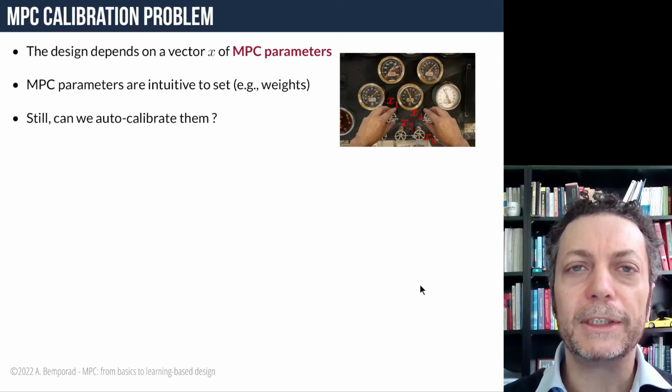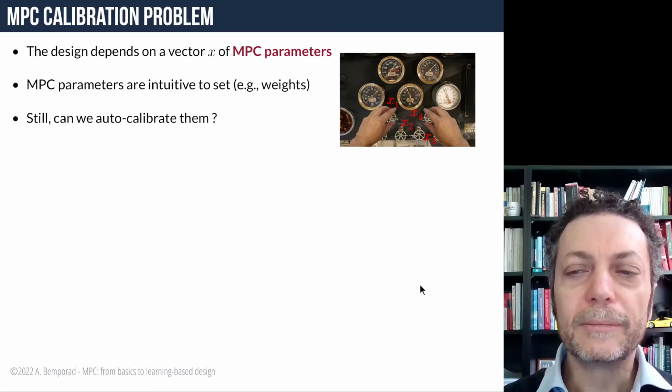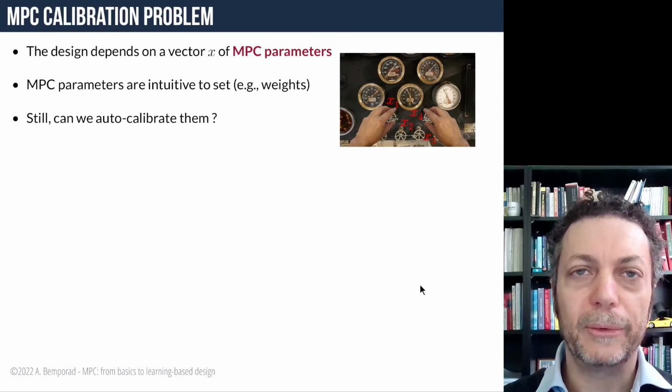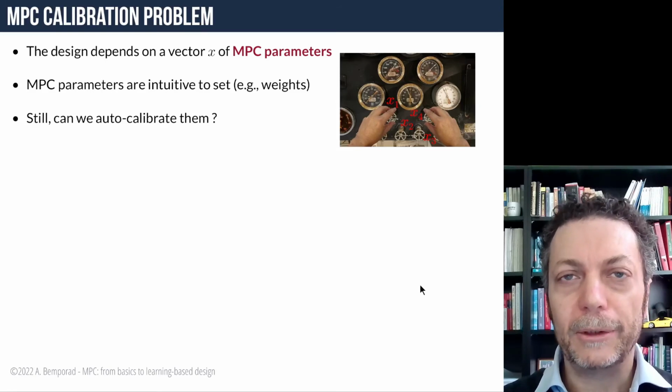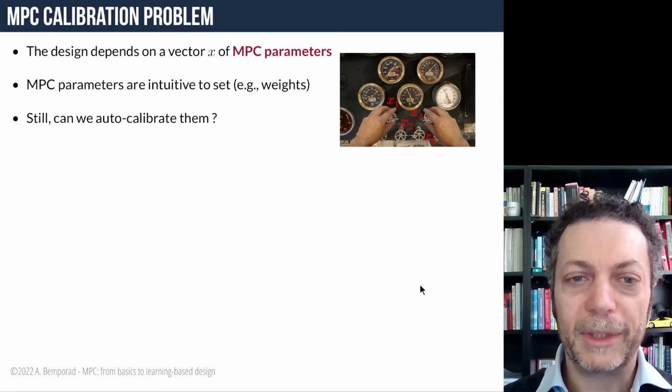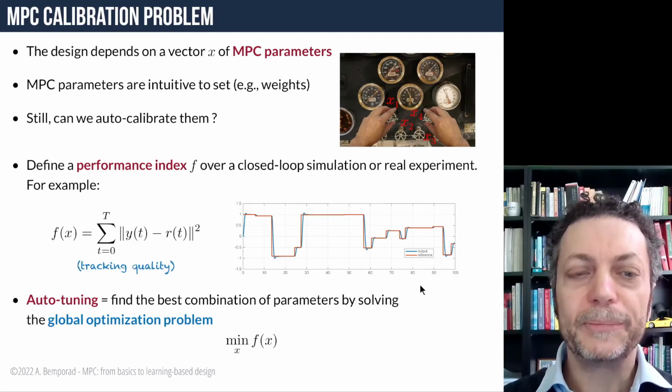Even the tolerances that you use in the solver can be treated as calibration parameters. So there are many parameters. Some are intuitive to calibrate. For example, you know that if you increase the weight on a certain output, the tracking will get better. However, if you have many of them, calibrating all of them in an optimal way may not be an easy task. So the question is whether we can auto-calibrate them.